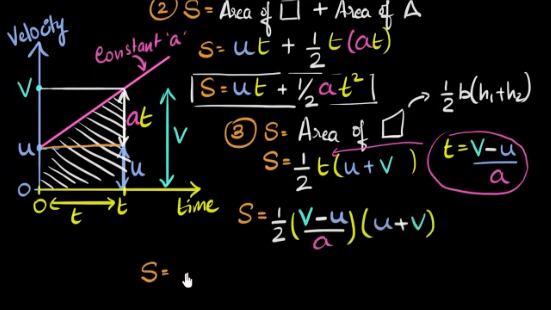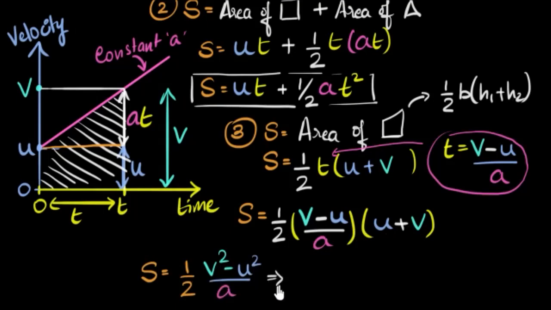Now if you simplify this, let's see what we get. We get half into, look at the numerator. We have (v minus u) into (v plus u). Ooh, that is v squared minus u squared. And in the denominator, I just have an a.